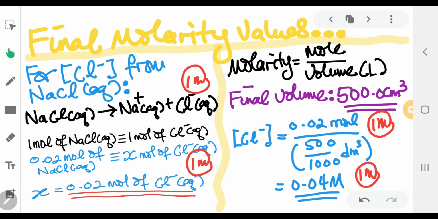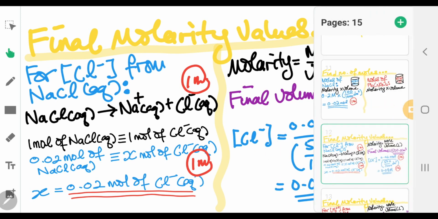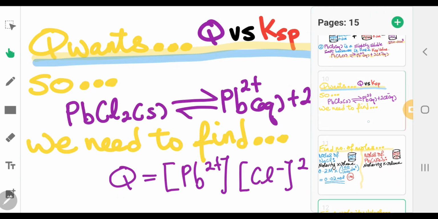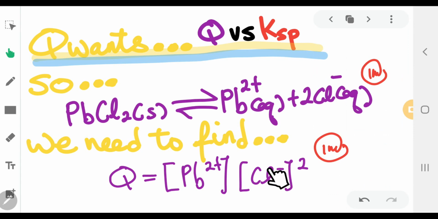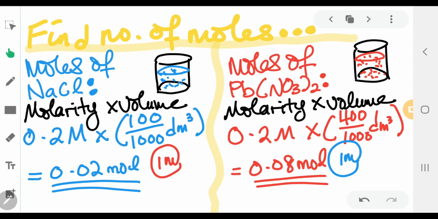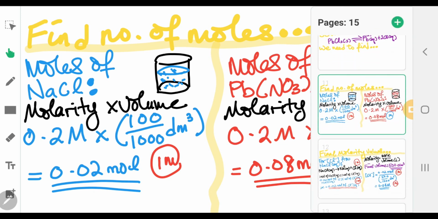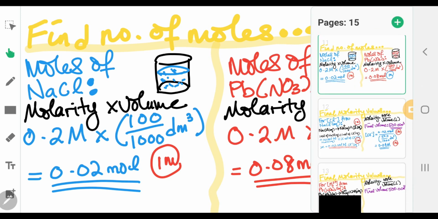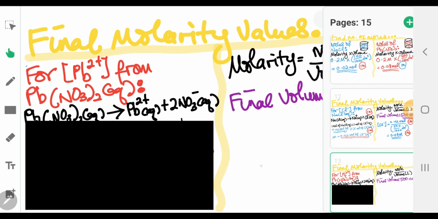Okay, we have found the concentration of Cl minus, so we can plug that in there. To get the value of Q, the ion product, we need to find the concentration of Pb2 plus. And the concentration of Pb2 plus, we can work out the same way we worked out Cl minus.